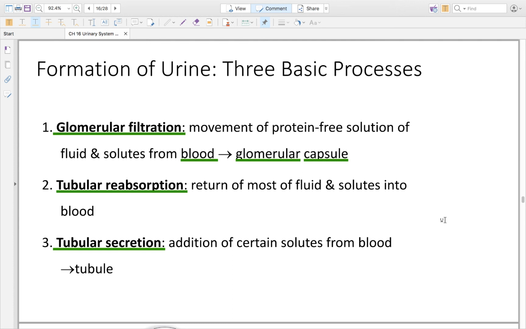A lot of the fluids will get returned, certain solutes will get returned. And then tubular secretion is when certain things that were not able to get filtered out during step 1 will get added to the urine at that point.